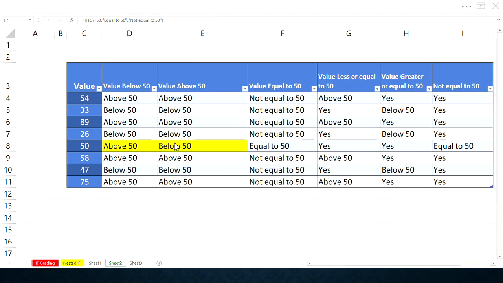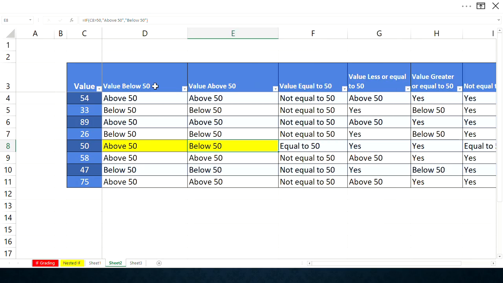So we have to put the logic right. Here, we are testing if a value is below 50, and we get the result that 50 is above 50. And here a value is above 50 as we are checking, but here we are being told 50 is below 50. So these two are erroneous according to the logic we have used.